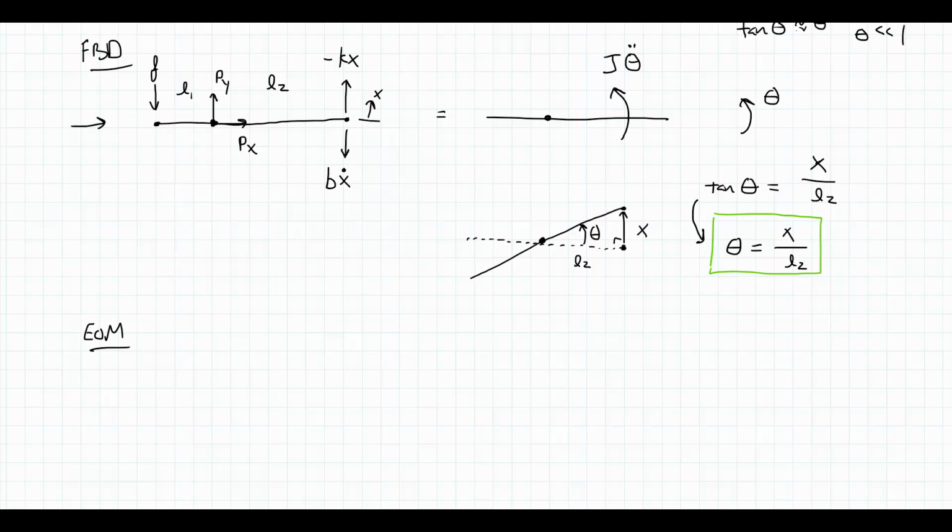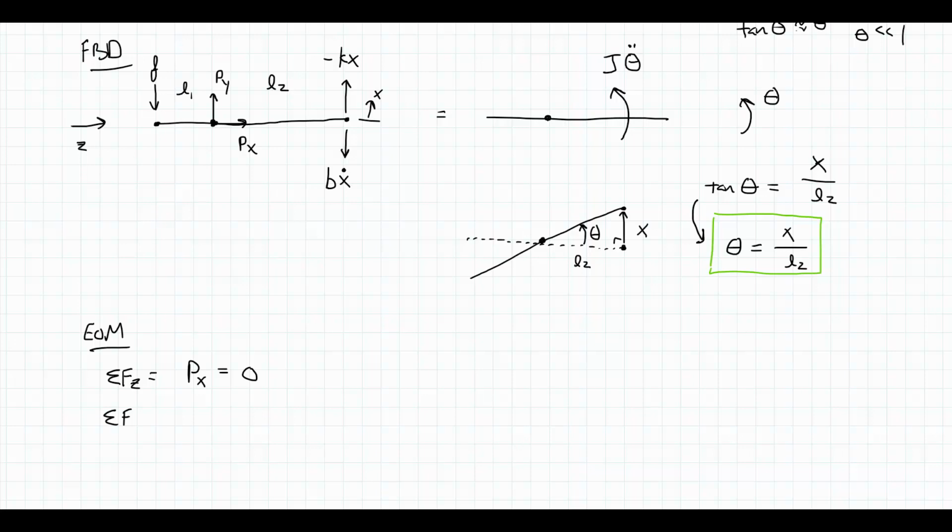I'll call it Z, just so I have something to mark it here. If I sum forces in the Z direction, in the left picture I have P sub X. Remember, P is a function of time, that reaction force. And on the right-hand side, it's inertialess, so it's always 0 in this problem.